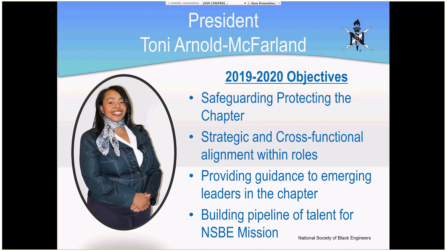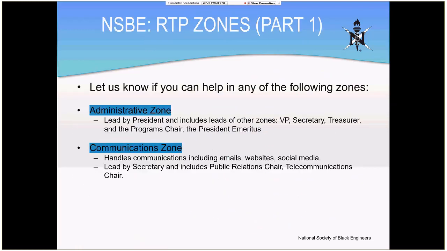Was there something else prior to this? I forgot the zones. Sure, we can go ahead with zones. Before that, let's talk a little bit about the different zones. The executive board is organized in zones, and there are 5 different zones. One of the reasons we're organized into zones is to group things, but also we have different committees that work with different zones.